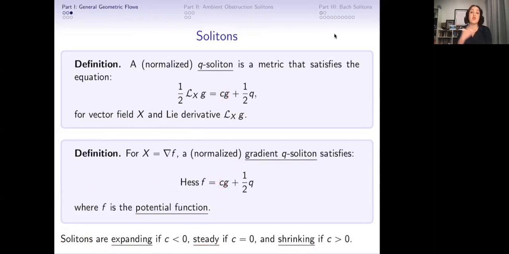And this convention can change a bit from paper to paper. Again, it depends on which side of the equal sign that term is on, lots of different things. So if you're reading literature that is related to geometric flows, just be wary of how shrinking, steady, and expanding are defined. But for the purposes of my talk and my paper, this is how I will define them. Okay.